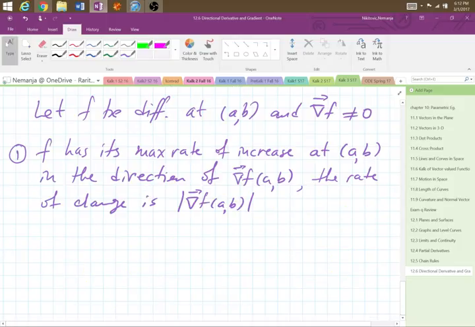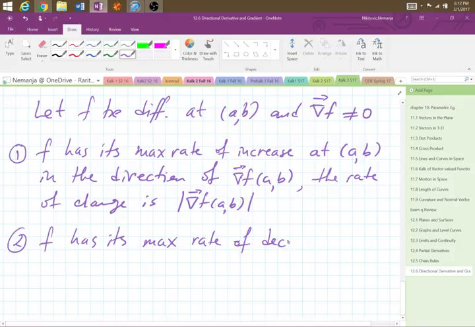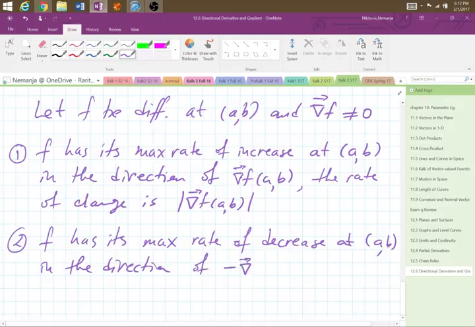So number 2: f has its maximum rate of decrease at (a, b) in the direction of negative del f computed at (a, b).